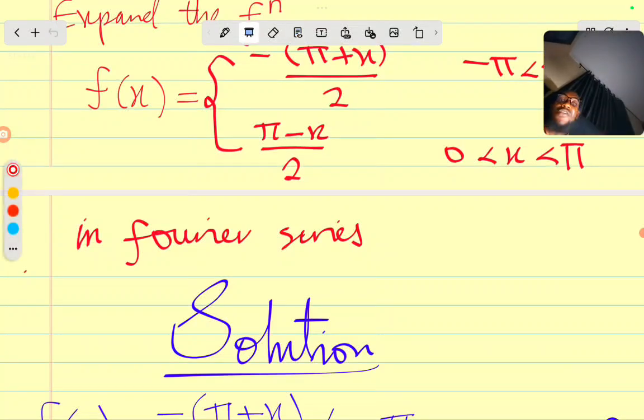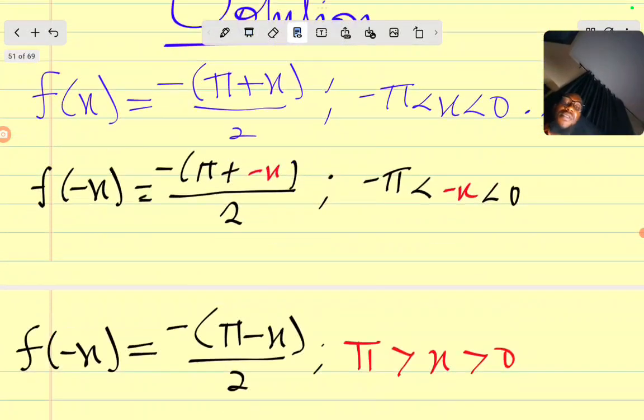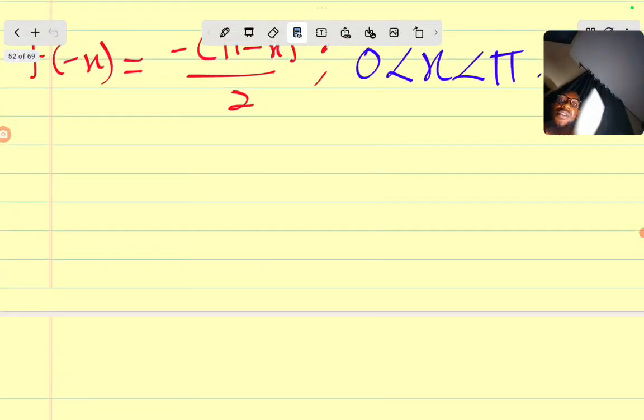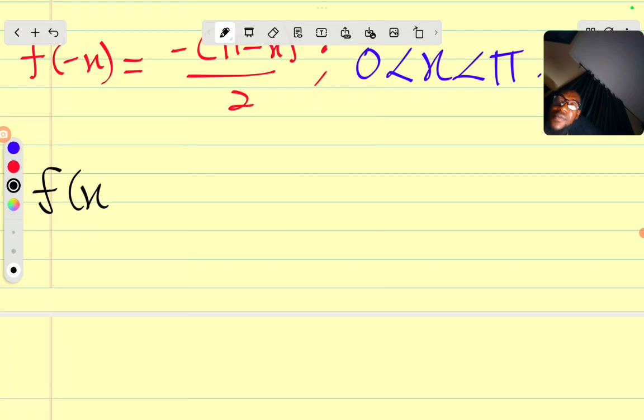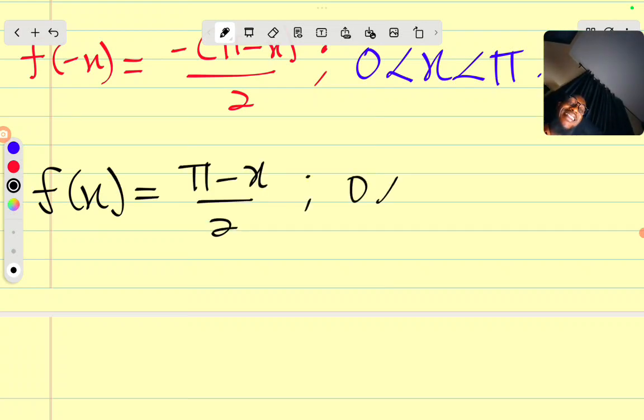Now let's move to the second given function, which is x minus pi over 2, so we have f of x on the given interval 0 less than x less than pi. This is equation 3.